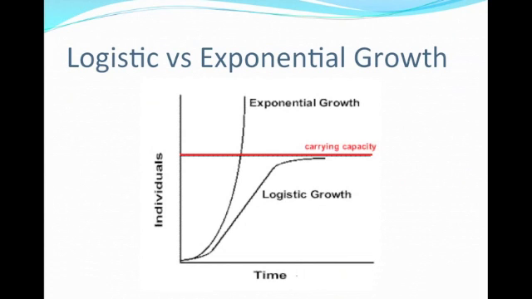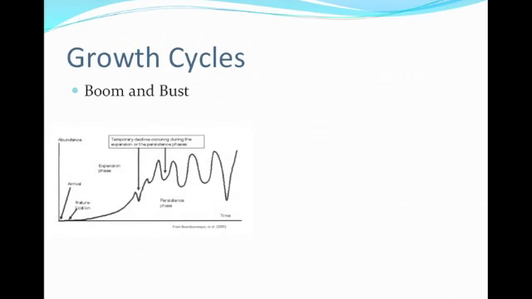Exponential growth is when a population grows too rapidly, and what will usually happen is it turns into what's known as a boom and bust cycle, which we'll get into. Whereas logistic growth is able to level off and probably sustain that population size for a long period of time. Exponential growth, unfortunately, usually follows a boom and bust cycle, as this graph shows.